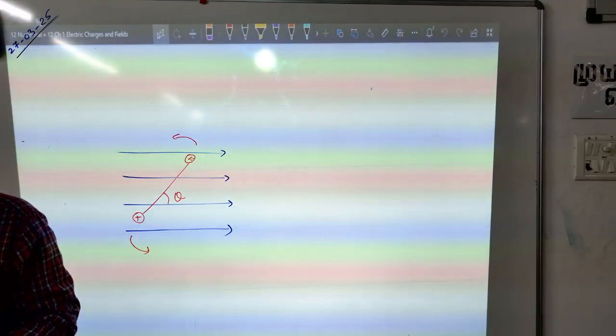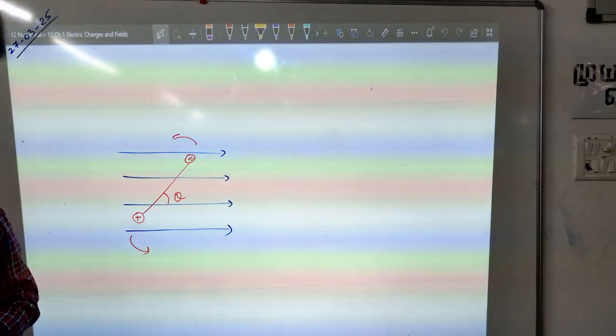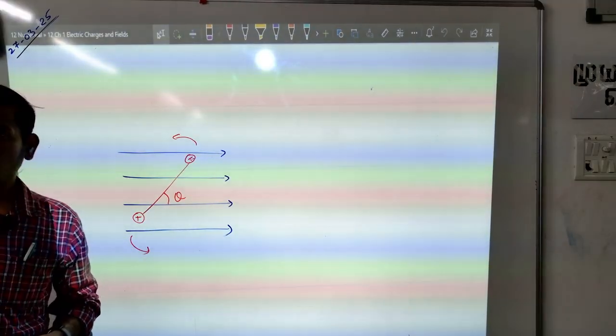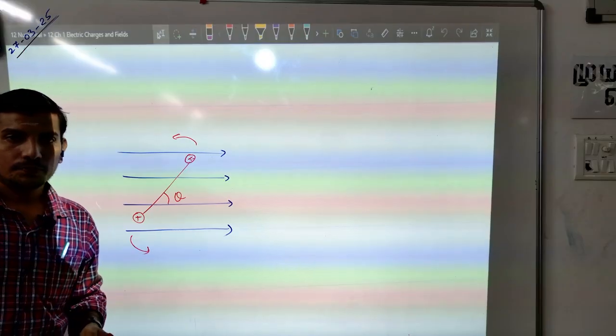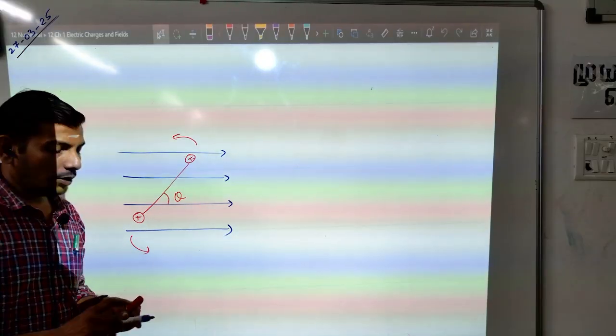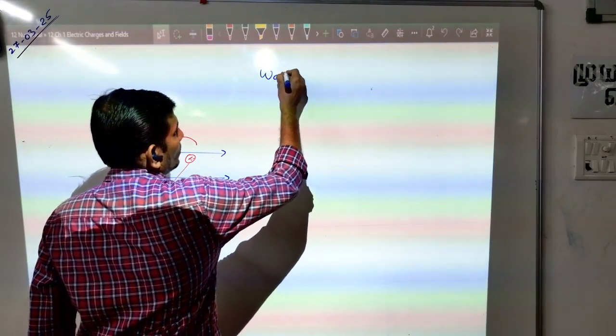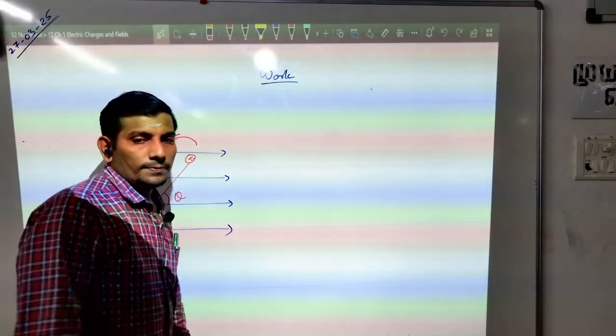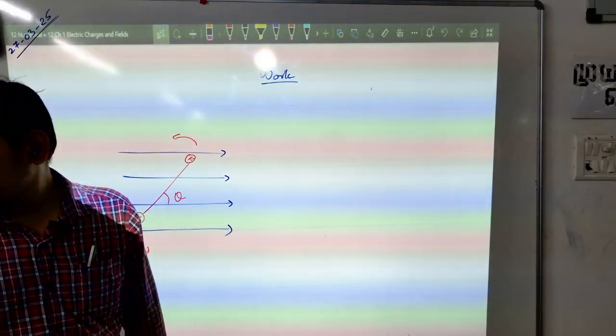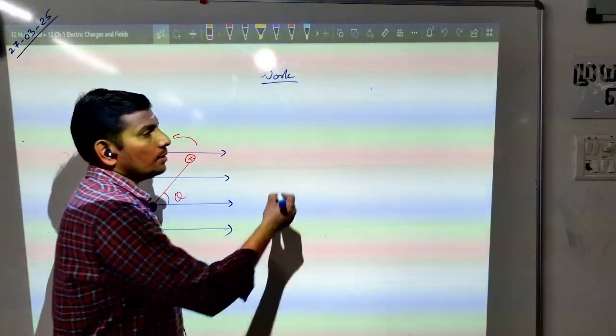Got it? So you need to know how much work needs to be done in rotating the dipole. What do you know about the work done? There are two types of work done: linear work done and angular work done. What's the formula of linear work done?